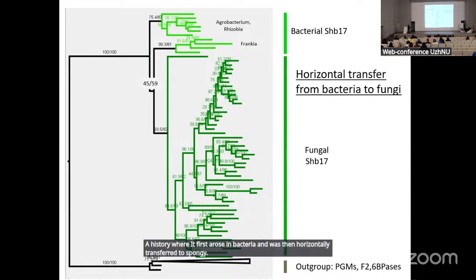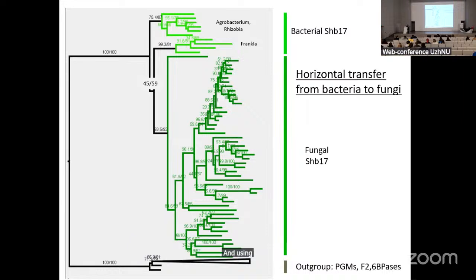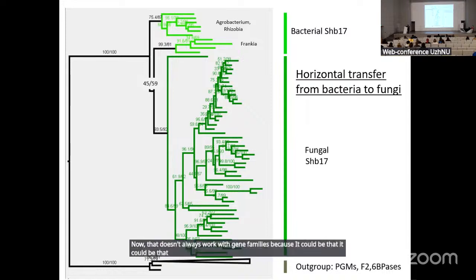And I want to point out, we didn't quite get to this for those of you who were in the workshop, but for species trees, you can root a species tree by finding a species that's distantly related to the species in your in-group and using that to find the oldest point in your tree. Now, that doesn't always work with gene families, because it could be that there's no natural choice of a member of the gene family in a species that's an appropriate outgroup.